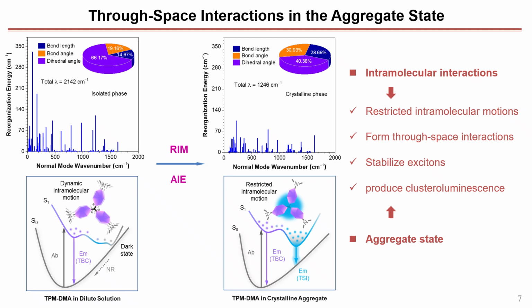As a result, only one short wavelength emission is observed in pure solution. In the crystalline state, those intramolecular motions are effectively restricted, which provides a stable excited state geometry and promotes through-space interaction. Therefore, some excitons can also relax to the stable state and emit at long wavelengths, giving bright clusteroluminescence.